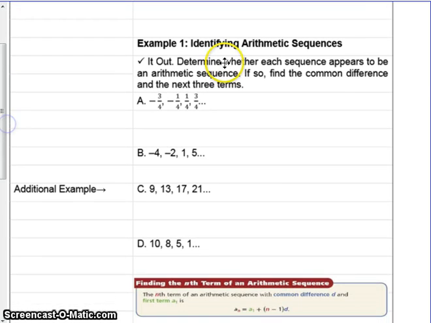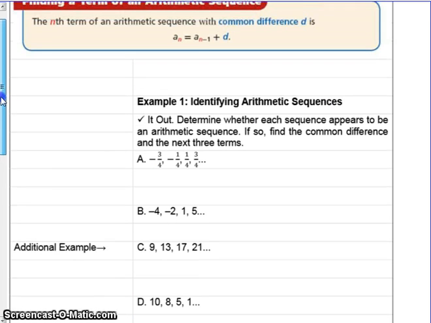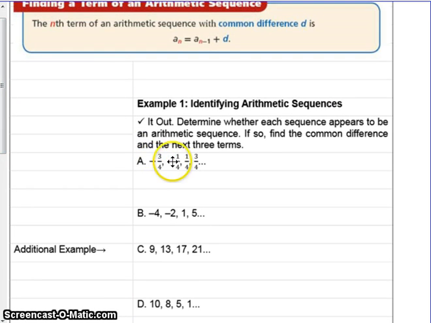It says, identifying arithmetic sequences: determine whether each sequence appears to be arithmetic. If so, find the common difference and the next three terms. So here, what I'm looking at is, is this going up or down by a certain number each time? It looks like we're adding a half each time. If I want to find the next term, I'm going to take my previous term, or n minus 1, the previous term, and add the common difference.